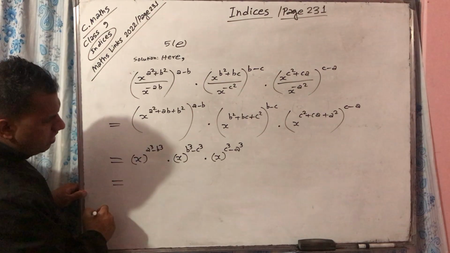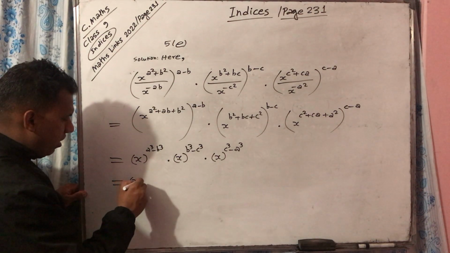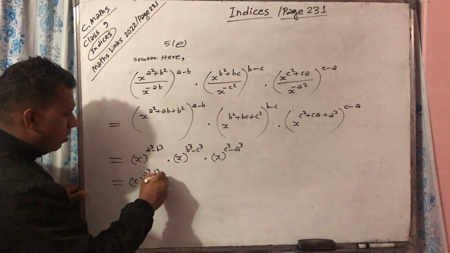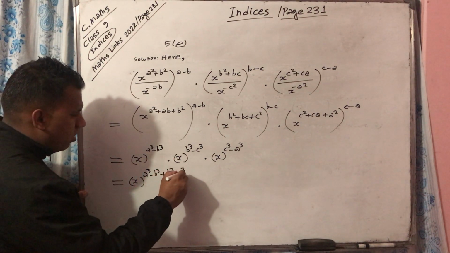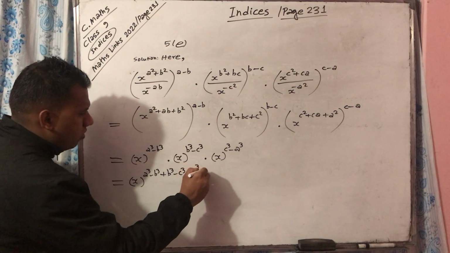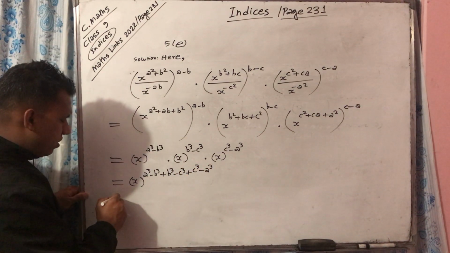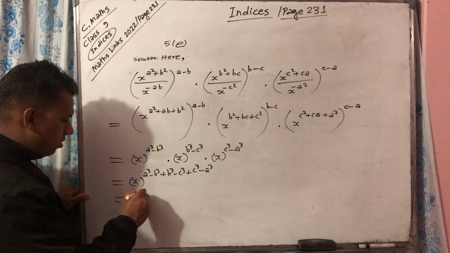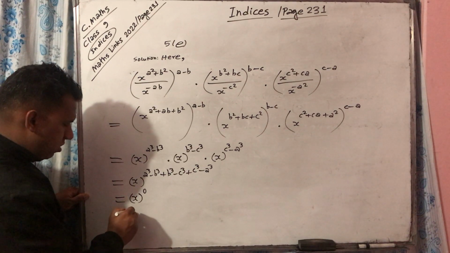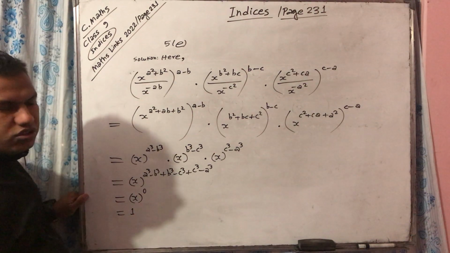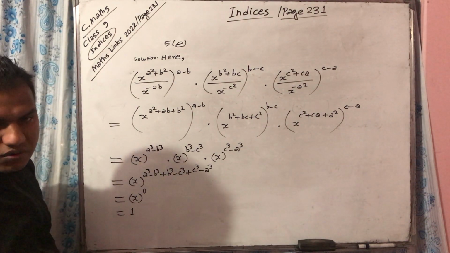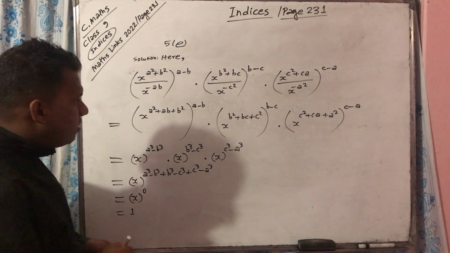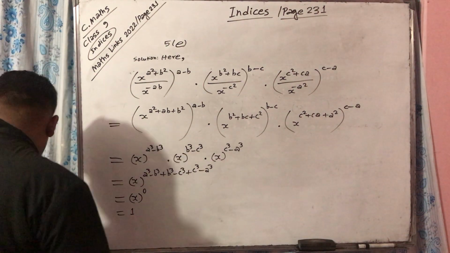Since the bases are the same, the powers can be added together. x to the power a cube minus b cube plus b cube minus c cube plus c cube minus a cube. Since the sum of the power is 0, so x to the power 0. So the answer is 1. As you know, something to the power 0 is 1 except when the base is 0. When the base is 0, in this case, it is undefined.